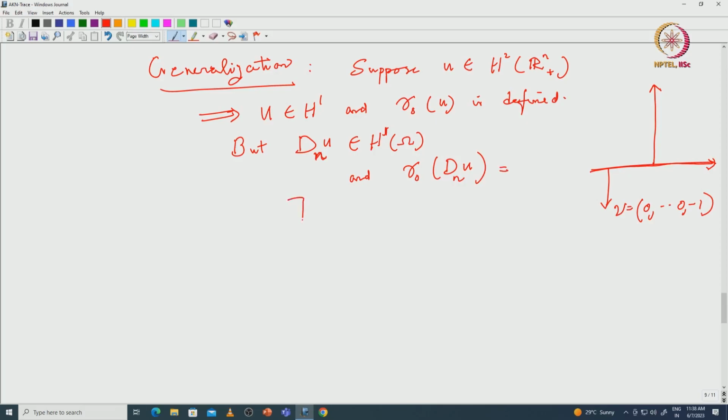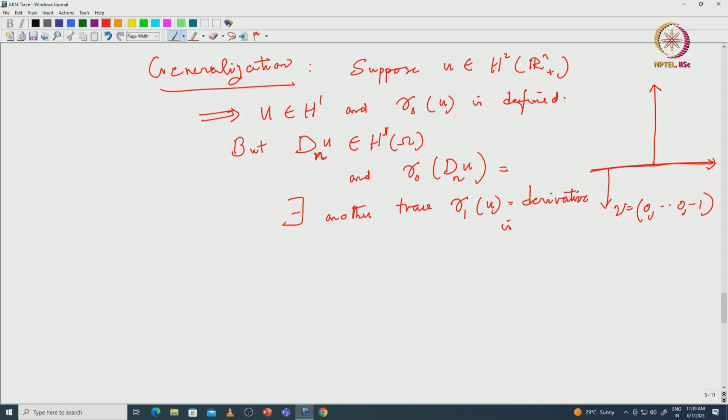So there exists another trace map, trace gamma 1 of u, where the derivative will be restricted.